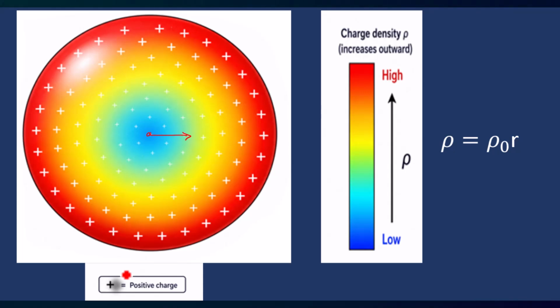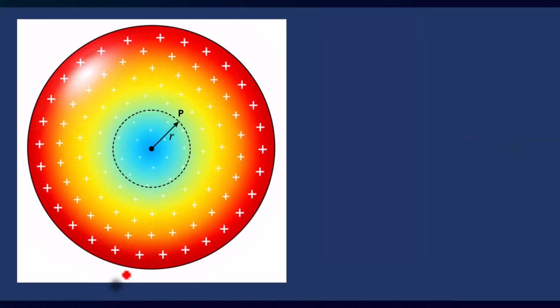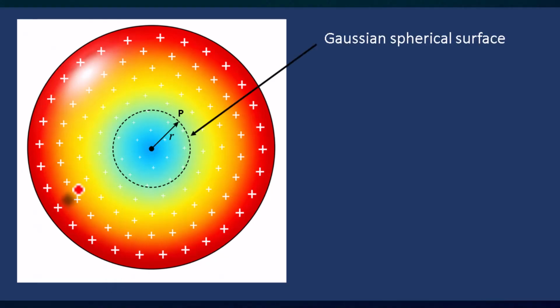Now, what is our goal? Our goal is to find the electric field at some point P located inside the sphere, as shown over here. And as always, we draw an imaginary Gaussian surface, a Gaussian spherical surface to be more precise, of radius r passing through point P. And now, let us apply Gauss's law. So, we will write integration of E dot dA is equal to Q inside by epsilon naught.